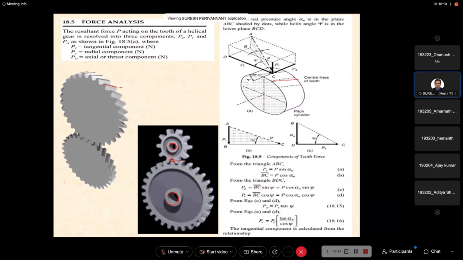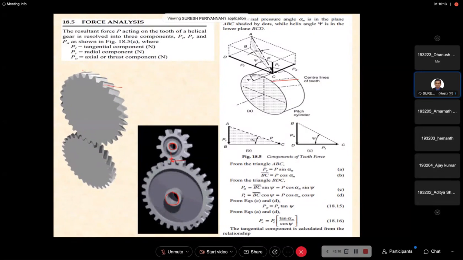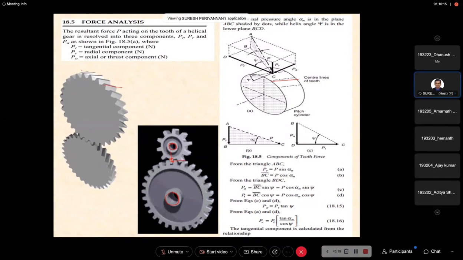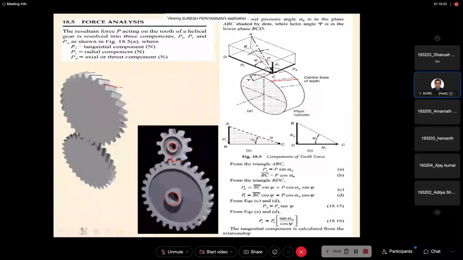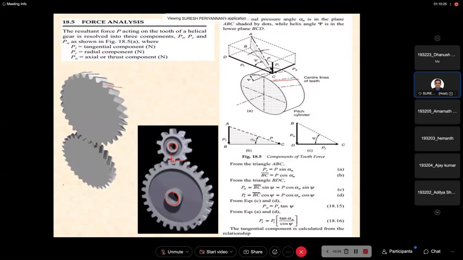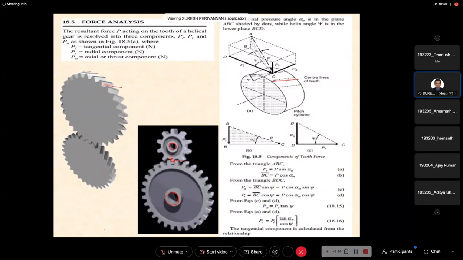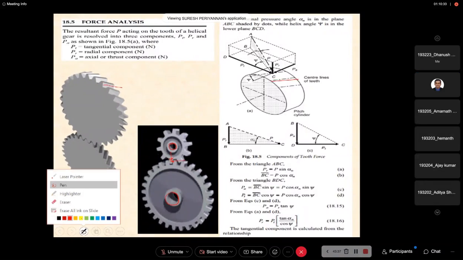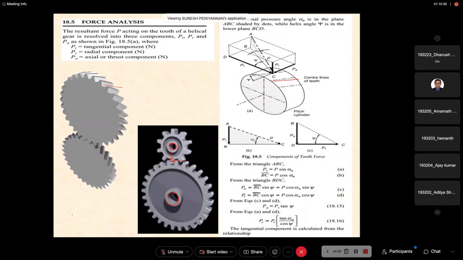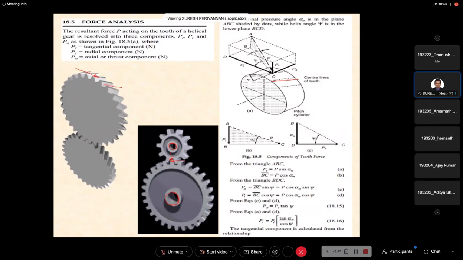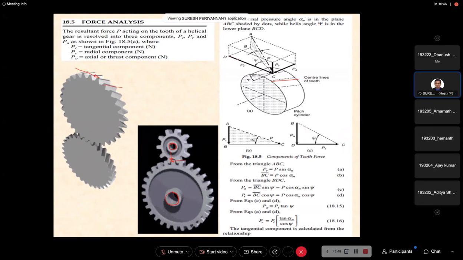The tangential force is going to be acting in this direction. Tangential force is acting here in the gear teeth, right? See here, this is the tangential force.